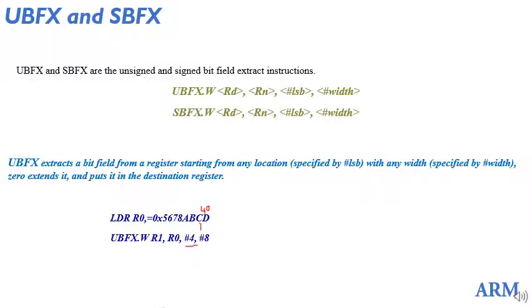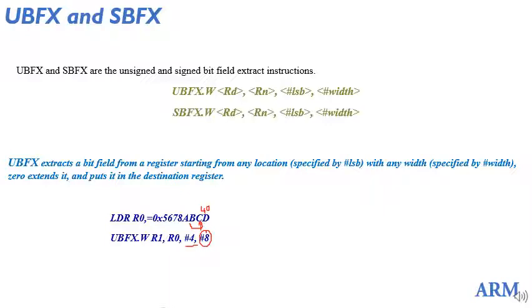So starting from bit number 4, that is starting from this digit, how many bits you have to extract is given by this width. Width is 8. So this is 4 bits, C is 4 bits and B is 4 bits. 4 plus 4, 8. So 2 digits of hex you have to extract.